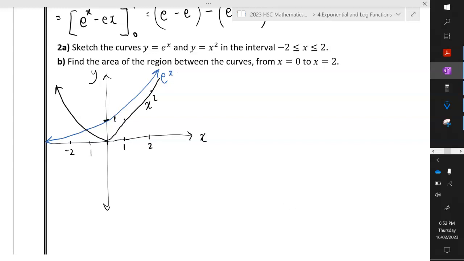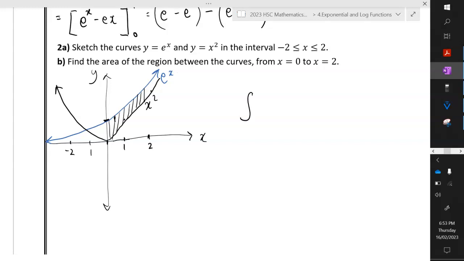So we're in here, and it's finding the area of the region between the curves. So we would like to look at the region in here. What's really important here is understanding that this curve e to the x is sitting above the x squared.